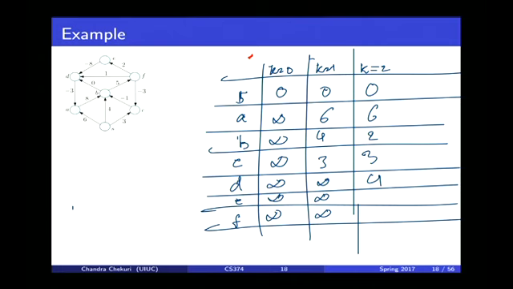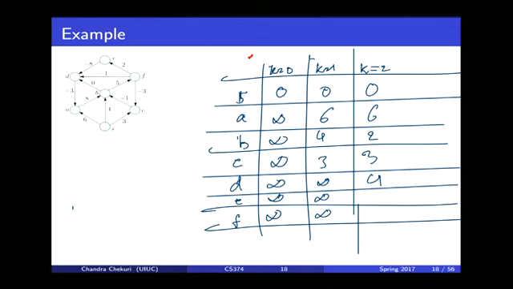So I could get to D by going through B, using 1 edge to get to B, and that length is 4. So it is 4 plus the length of this edge, 0. I do have to take the min over all possibilities of getting to D, and that's what I get. Is it clear what we're doing?